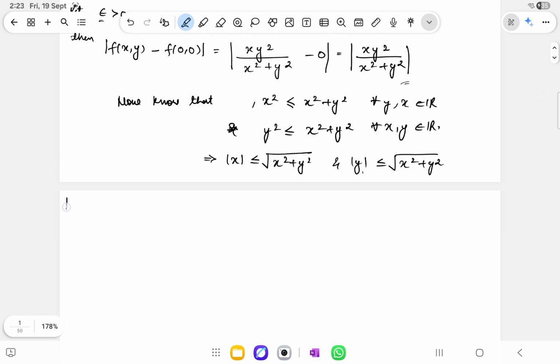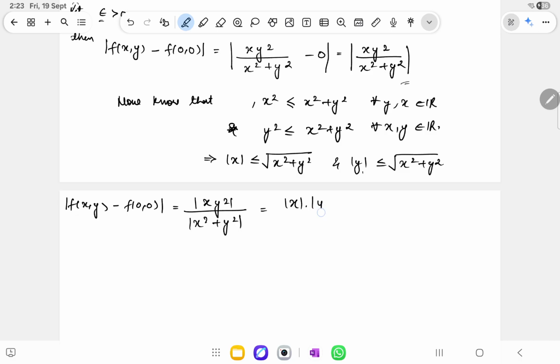So we will be getting mod of f(x, y) minus f(0, 0) equals mod of x y square divided by x square plus y square, and this will be equal to mod of x into mod of y square divided by x square plus y square.